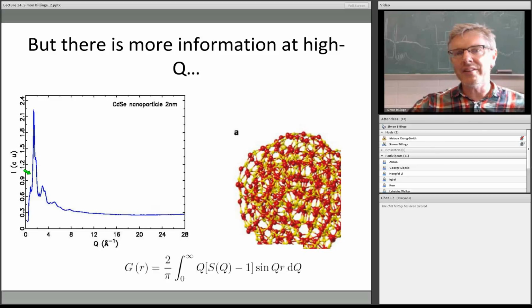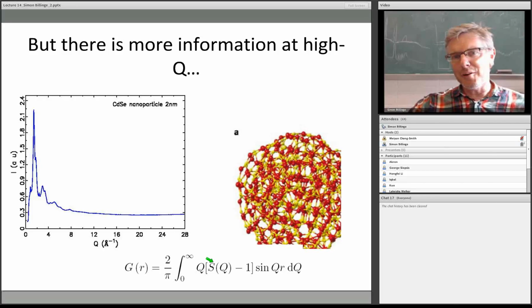But it turns out that what I'm going to tell you about a little later is a pair distribution function method for analyzing data like this. We actually analyze a function which is not the raw intensity, which is shown over here, but this little function Q times S of Q minus 1, where S of Q is this scattering intensity over here, but normalized by dividing by the atomic form factor.